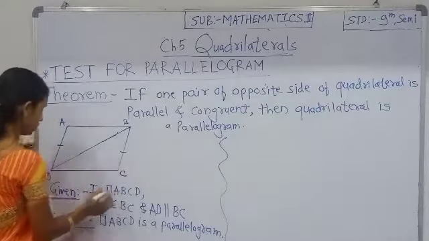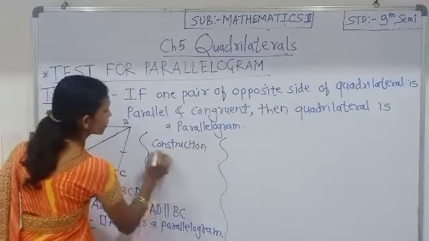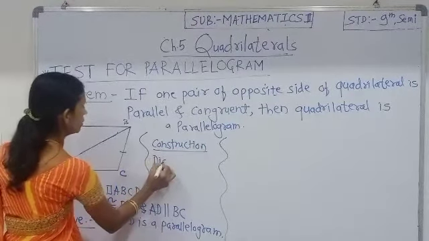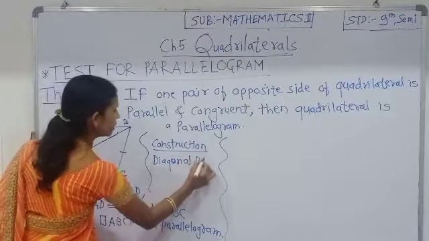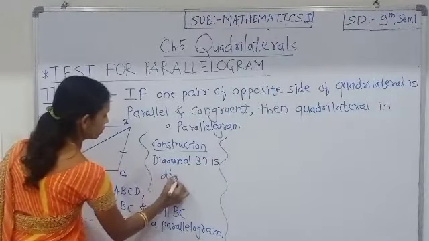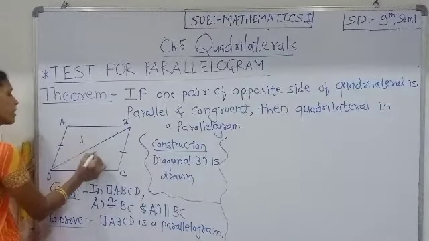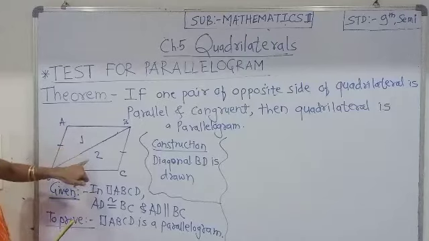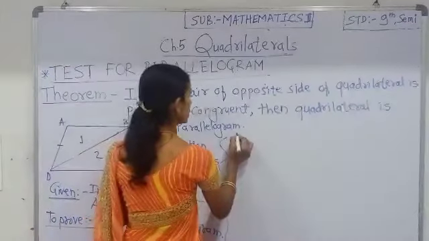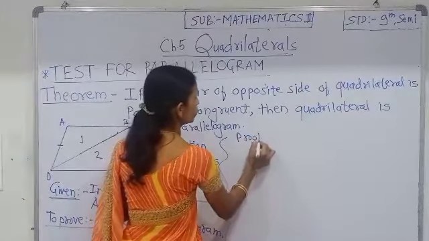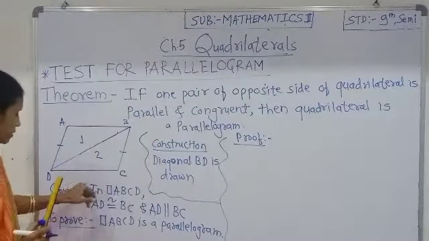The construction done here is that diagonal BD is drawn. Therefore, two triangles are formed. Then we have to prove that those two triangles are congruent, using the property which is given here.